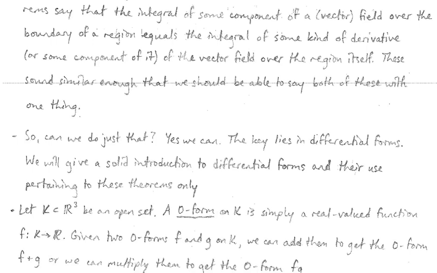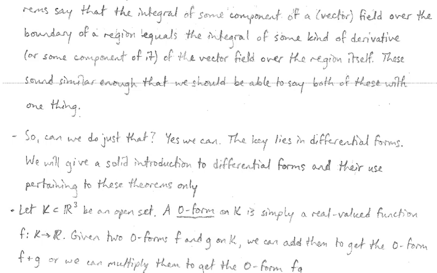A zero form on K, or a differential zero form on K, is simply a real valued function that goes from K to R. This is a single variable function or a multi-variable function, say f of x, y, z.